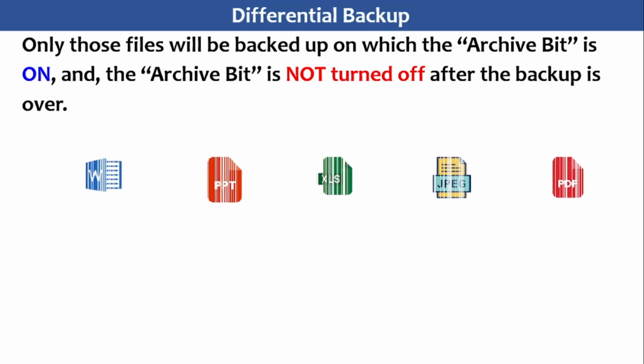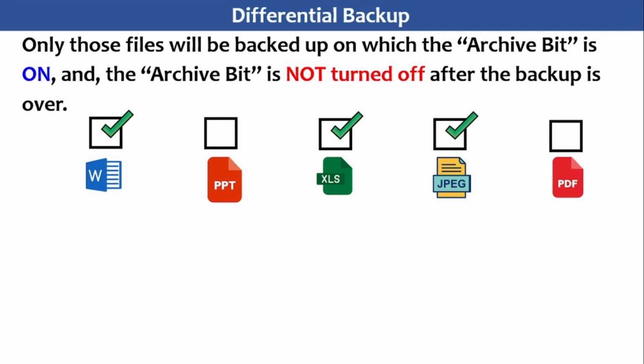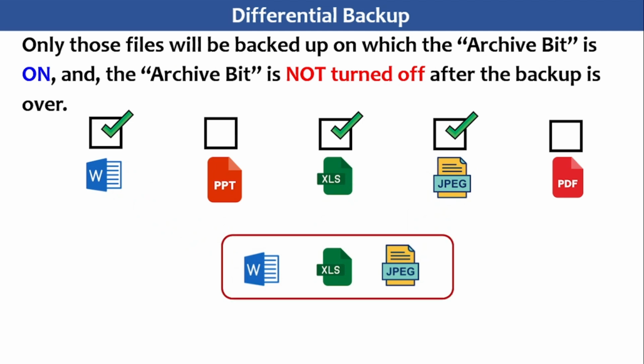So let's continue with the same example. We have 5 files with Word, Excel and JPEG archive bit on, and we performed a differential backup on all these 5 files. As the rule says, or as the differential backup works, only those files will be backed up on which the archive bit is on. So Word, Excel and JPEG will be backed up.